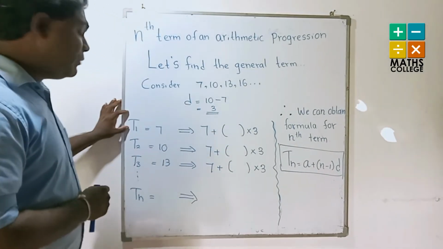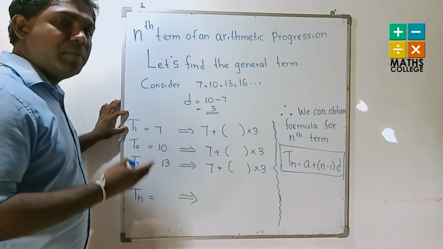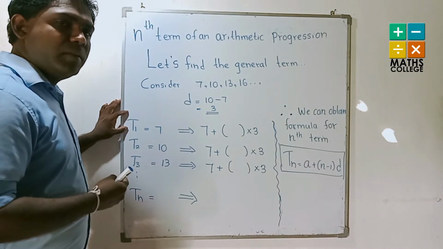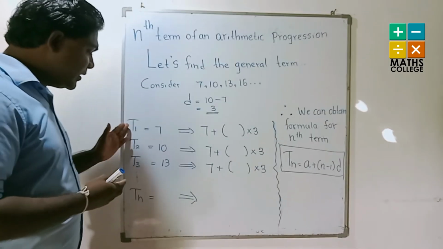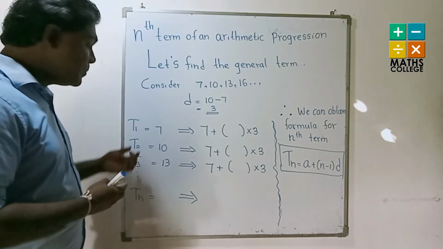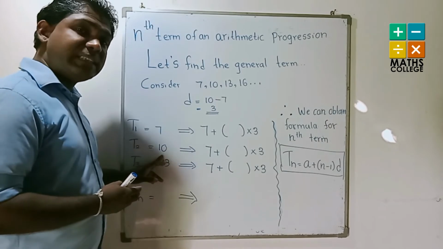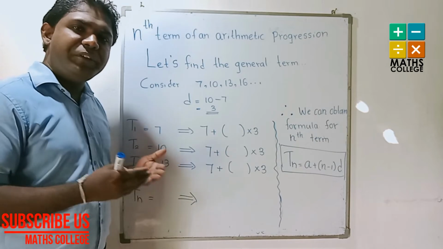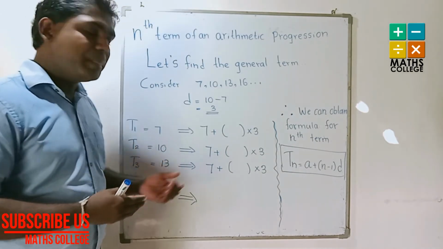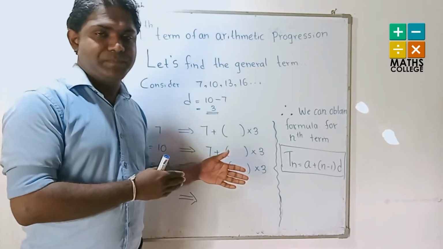Okay. I think you can remember your previous grade knowledge of how to find the general term. Here you can see T1, T2, T3. That means the first term is 7, the second term is 10, the third term is 13. I told you we have to consider the first term and common difference to find the general term.